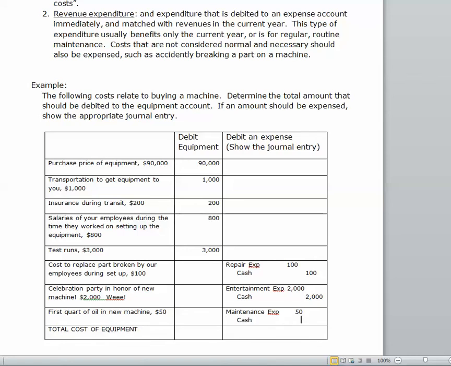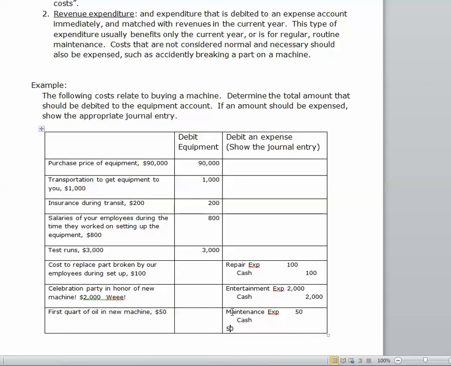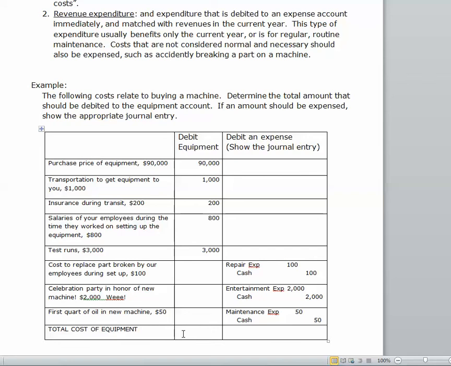So now if we add up everything that we've got capitalized, we'll see what the total debit is to our equipment account, and I think that comes to $95,000. That means that $95,000 is the total amount in the equipment account which will now be depreciated over the life of that equipment.